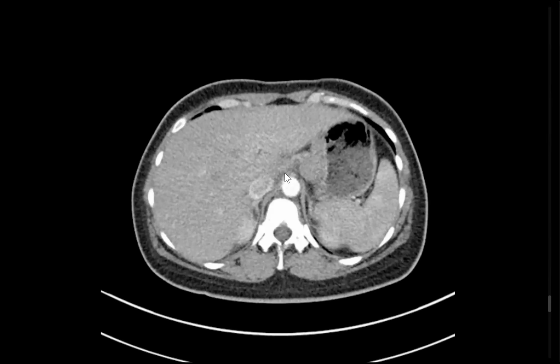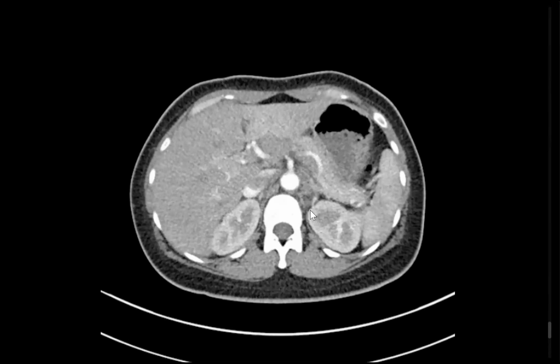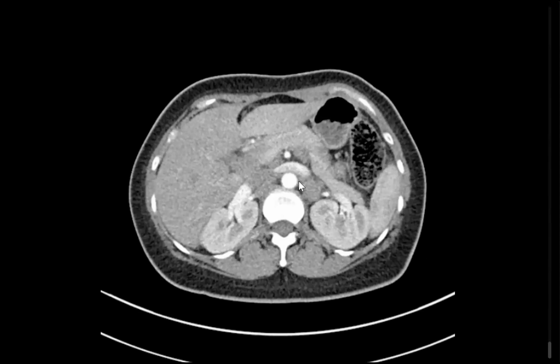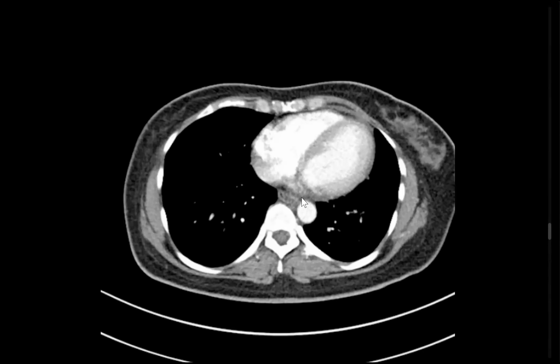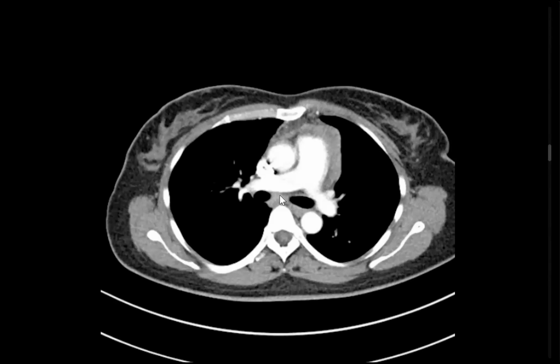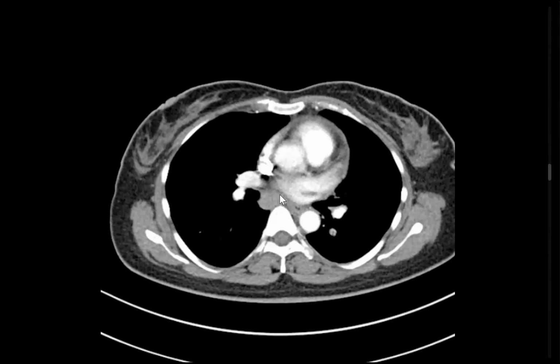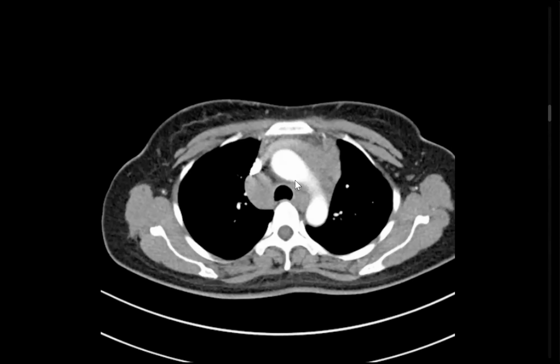I will scroll till the last cut. Yes, sir, I have suspicion of lymph nodes in the lower abdomen as well, and there are also mediastinal lymph nodes noted, one in the subcarinal region, a few in the precarinal region, and also in the right paratracheal region, sir.